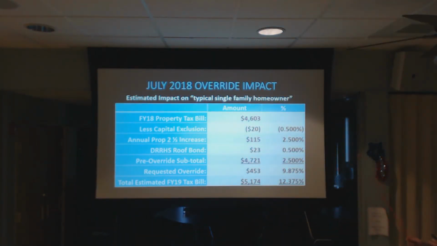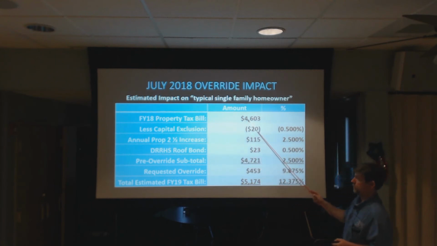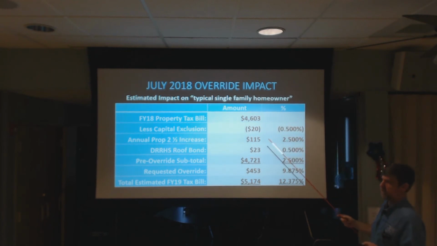So what is the estimated impact on that typical single-family home? If you look at your fiscal year 18 property tax bill of $4,603, the capital exclusion for the fiber optic project at the DR regional school system drops off, and that was about $20. Your annual Proposition 2.5 increase, which is 2.5% of that number, is about $115. That goes on to the bill.